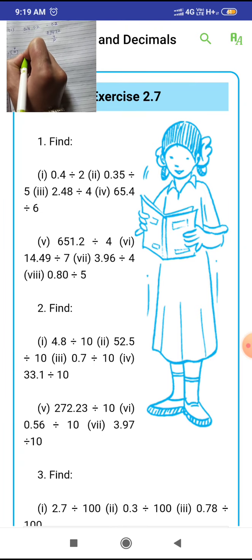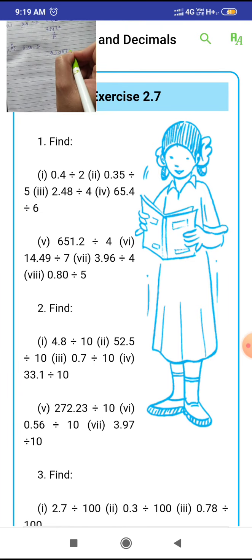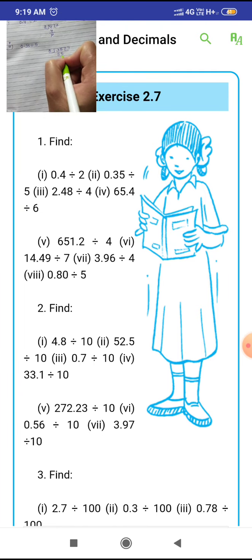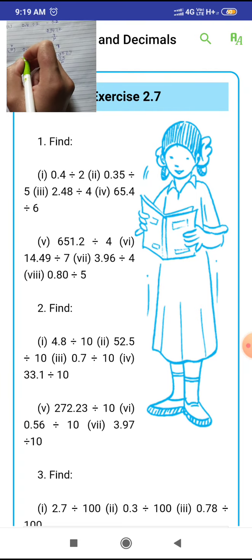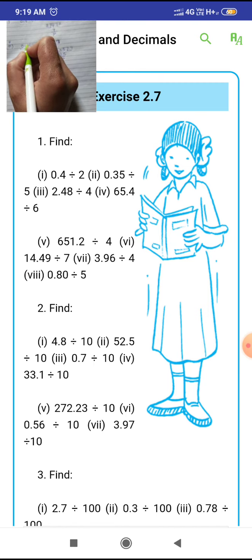The second part of this question is 0.35 divided by 5. So first we simply divide 35 by 5. When we divide 35 by 5, we have 7 as our answer. Now look at this decimal number. The decimal is placed 2 digits from the right side.